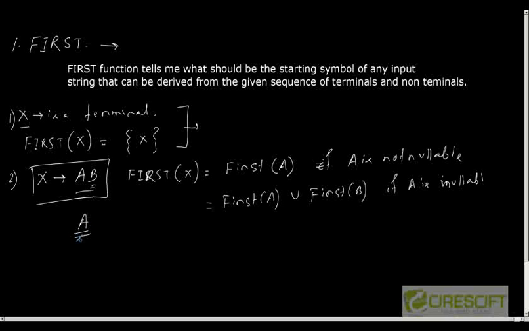And we'll try to solve a simple example to decide how the first of X is calculated. So basically the first function is returning a set of input symbols, and that signifies the starting input symbol of all the input strings that can be derived from that production.